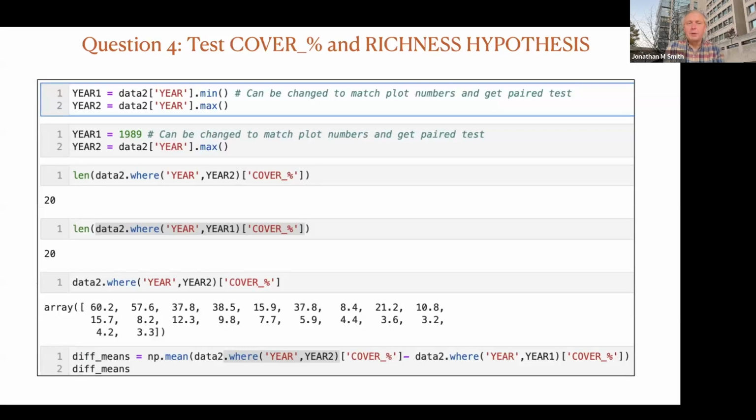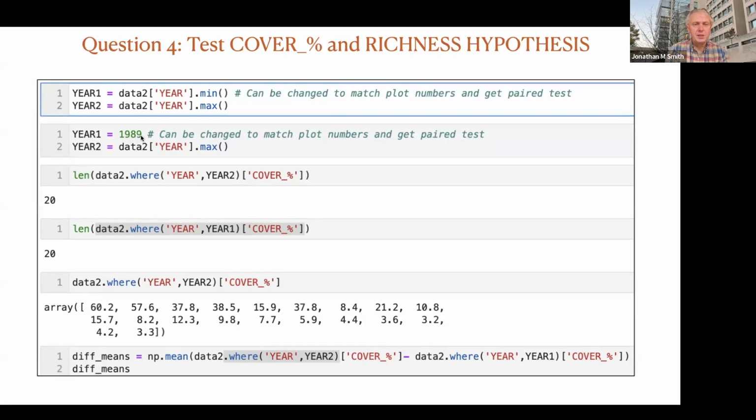Here is a slide which gives you a sense of this. Again, as I'll show you in the demonstration with the real Jupyter Notebook, a key thing is that for year 2, we have 20 data points, and for year 1, we have 20 data points.